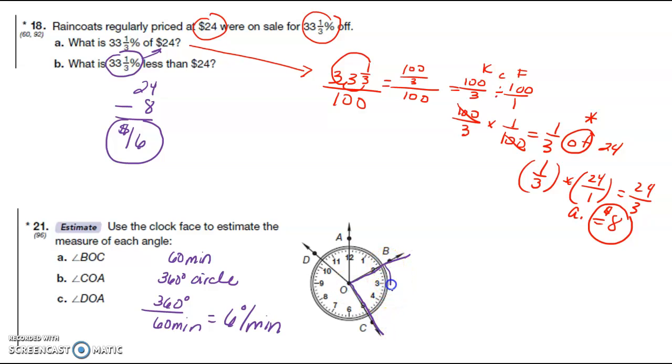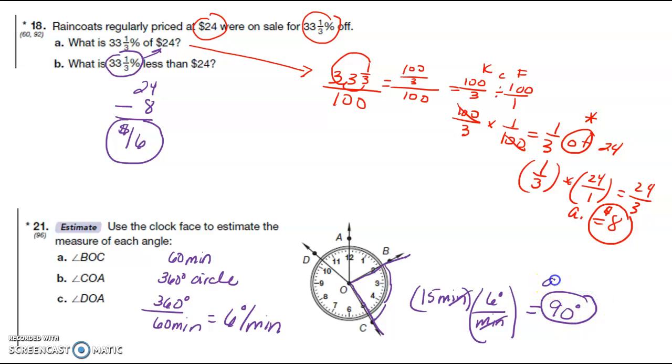So I have 5, 10, 15 minutes times 6 degrees per minute. My minutes are going to cancel, and 15 times 6, excuse me, is 90 degrees. So that's going to be A. Let me switch colors so we can go to B.